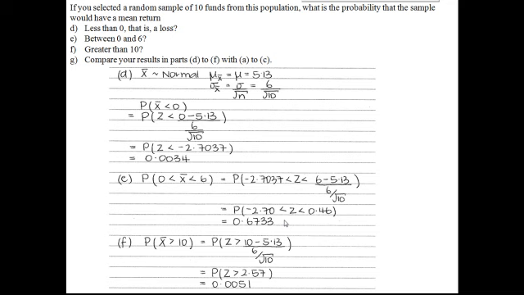Now remember, the tables do less than probabilities. So if you look up the probability that z is less than 2.57, that will give you the complement to the area you want. So you look up the less than probability, but then just subtract it from 1, and it leaves us with 0.0051, which is the answer we're looking for.